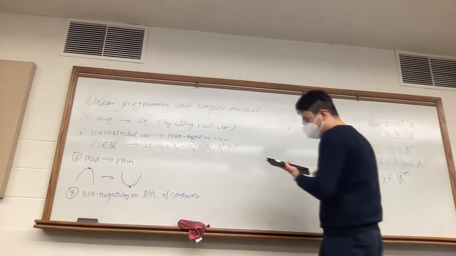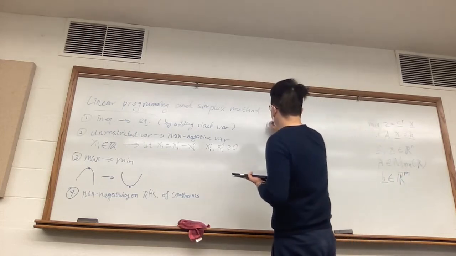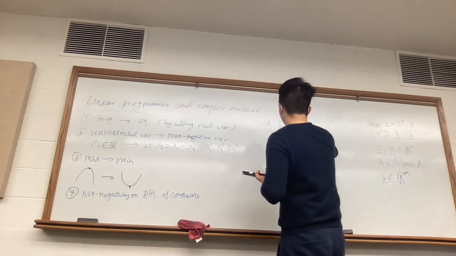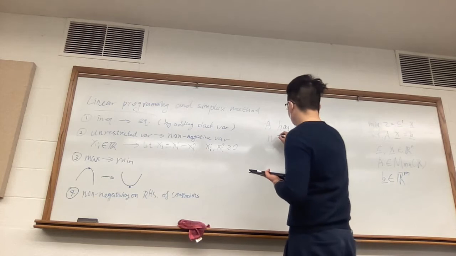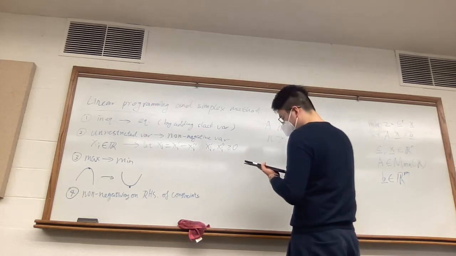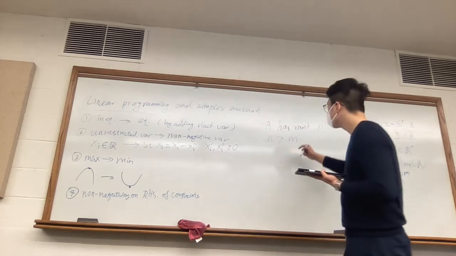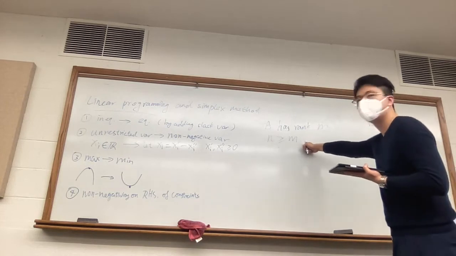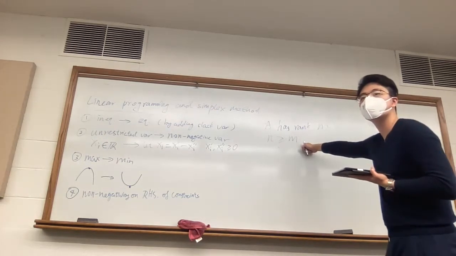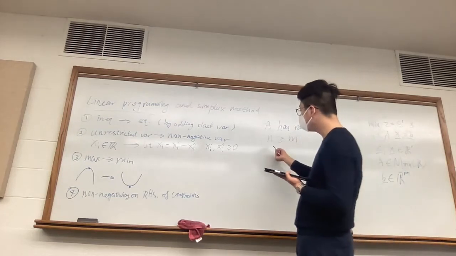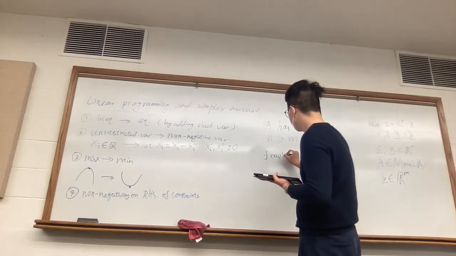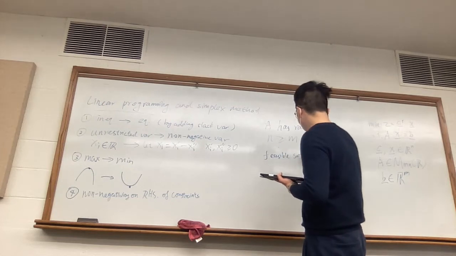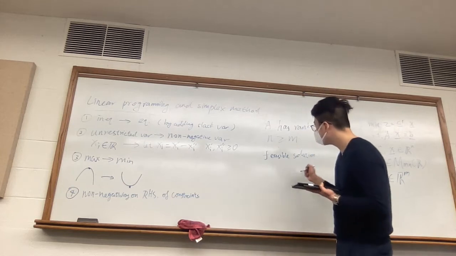So what can we say? We can say that A has rank m, and also n is greater than or equal to m. Then what can we say about any feasible x? Let me first give you a definition.